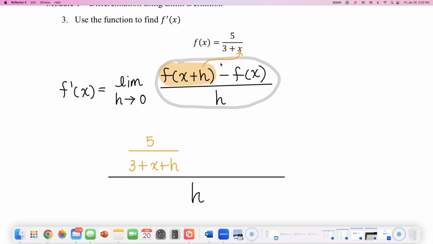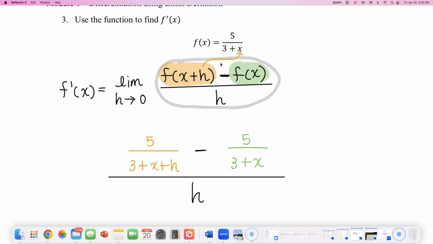If I replace this x by x plus h, that's what it's going to be. All right, next, I need to do a minus sign. See this right there? Minus. And I'm subtracting f of x from it. And f of x is just that, so I need to copy that down. F of x is 5 over 3 plus x.